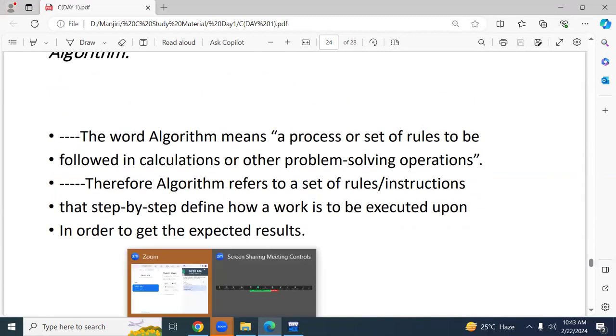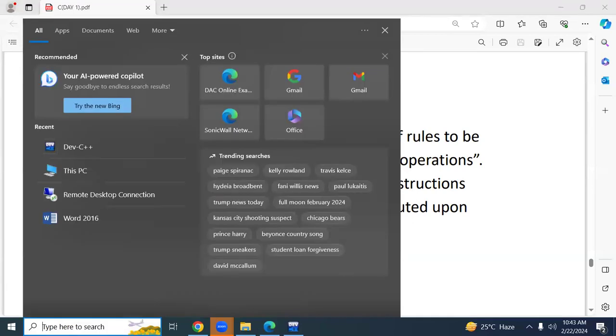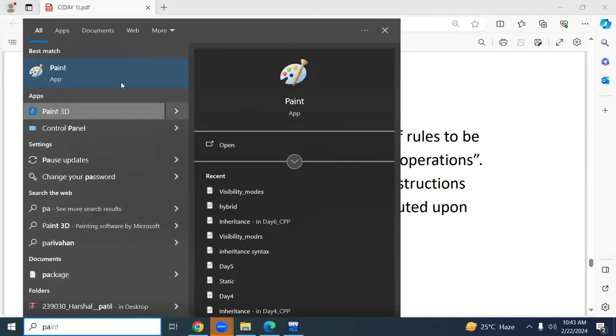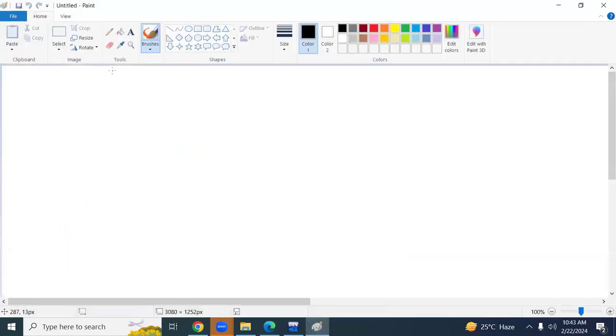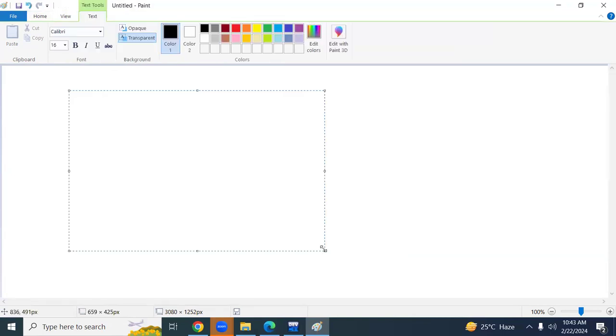For example, suppose I want to do addition of two numbers. Consider we are doing addition of two numbers, not on our calculator, but on a supercomputer. At that time they are going to write an algorithm for that addition of two numbers. I'll show you one of the easiest ways they start an algorithm.